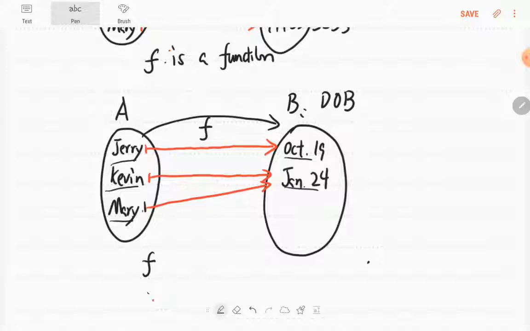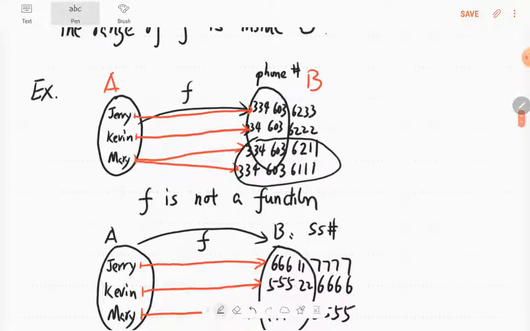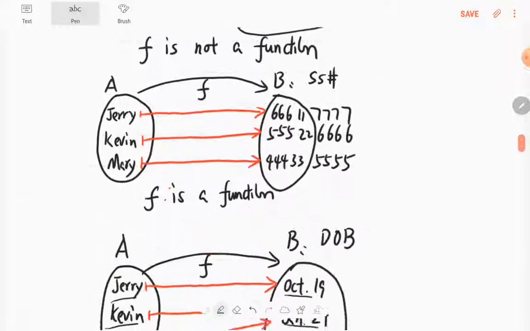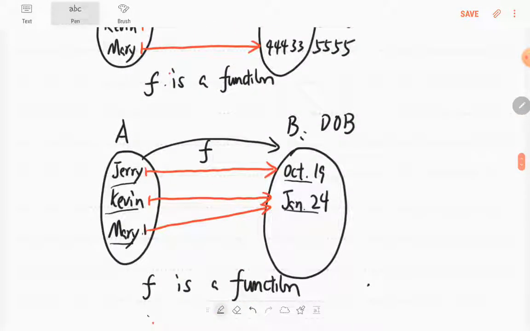So this f is a function. But the earlier one is not a function because there are two elements corresponding to one element in A. And here, there is only one element corresponding to each one in A.